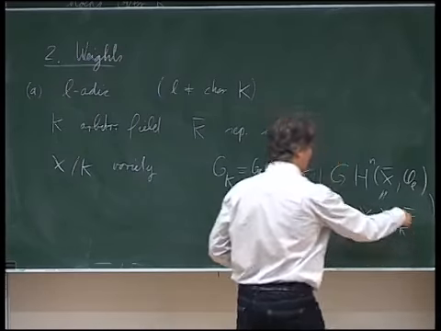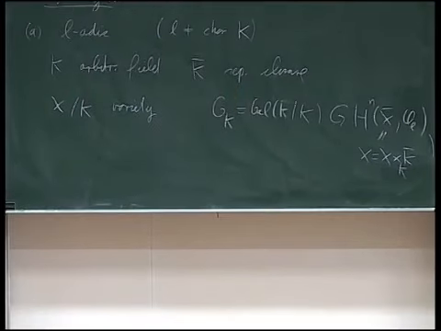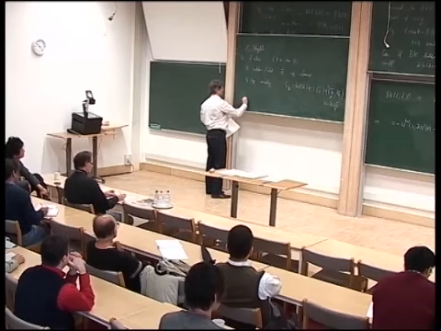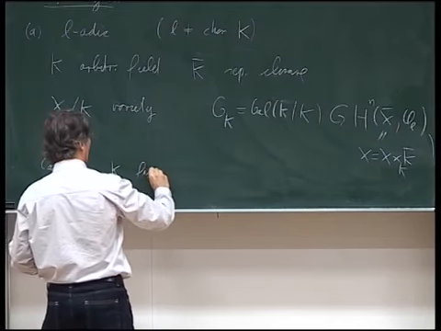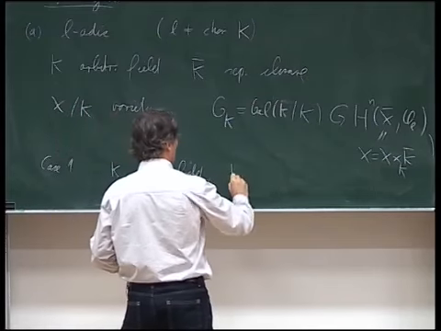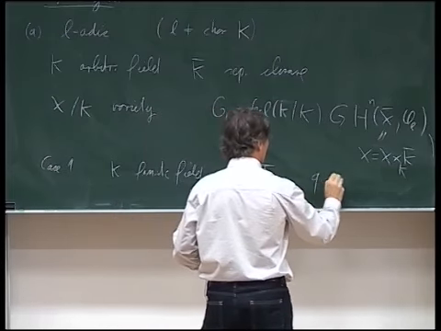This is of course just by functoriality, the Galois group acting on K bar, functoriality of étale cohomology. And so first consider the case of a finite field, so K say F_q, the field of q elements.